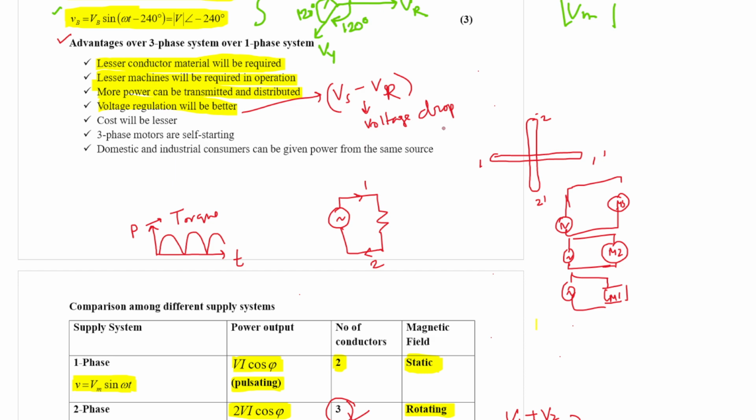If we use a lesser number of conductor materials, then it is guaranteed that we have lesser voltage drop in our system. So if we have lesser voltage drop, then Vr should be closer to Vs. So voltage regulation will be better. Now as we require a lesser number of conductor materials, we have less cost.